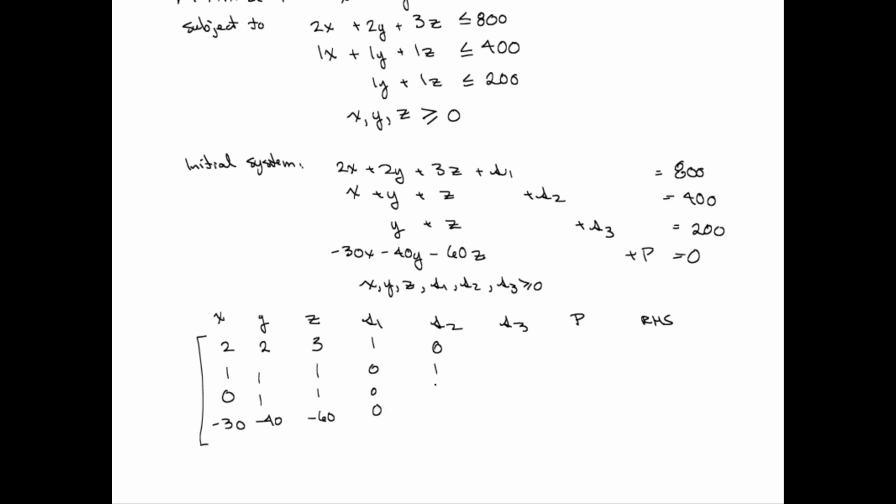S2, 0, 1, 0, 0. S3, 0, 0, 1 in the third row. And for my p, everything is 0 except for the last row. And then my coefficients on my right-hand side, 800, 400, 200, and 0. This is my initial simplex tableau.